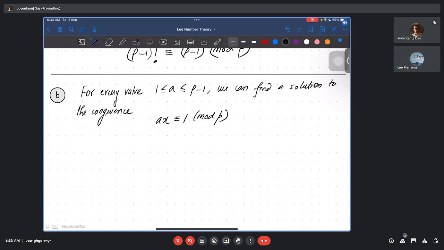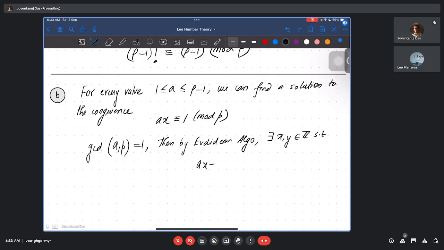So yes, this is true because p is prime. So the GCD of a and p is always 1. Then we can apply the Euclidean algorithm. By the Euclidean algorithm, there exist x and y in the integers such that ax plus py equals 1.